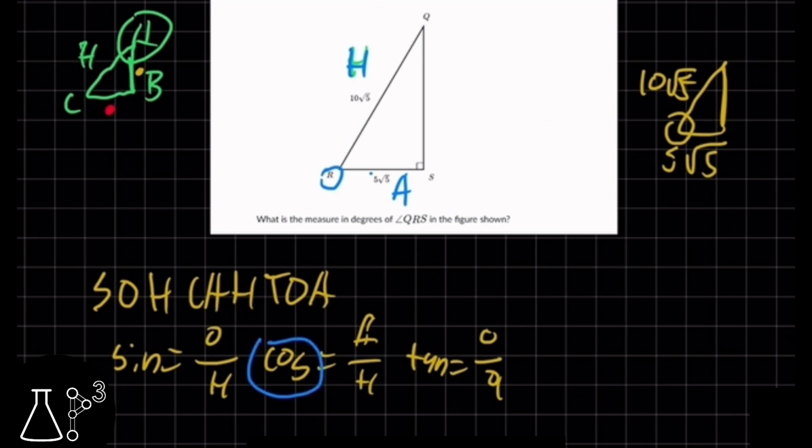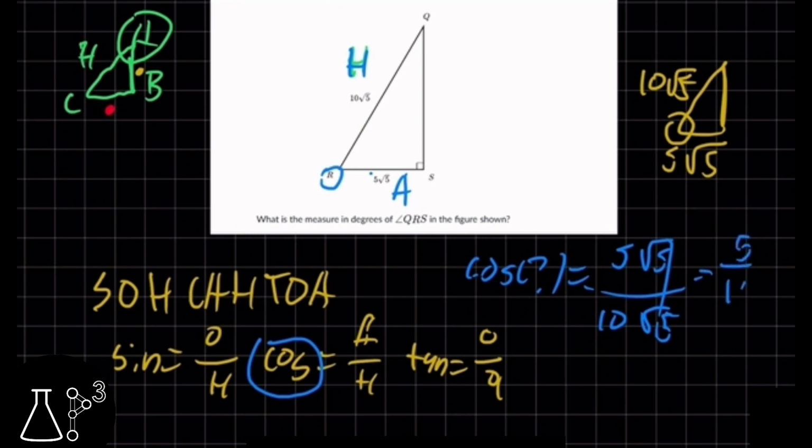So we plug in A and H, which would be 5 with the square root of 5 over 10 with the square root of 5. Now we can cancel out the radical 5's, because radical 5 over radical 5 equals 1, and then we're left with 5 over 10. And we can simplify it even more to 1/2.